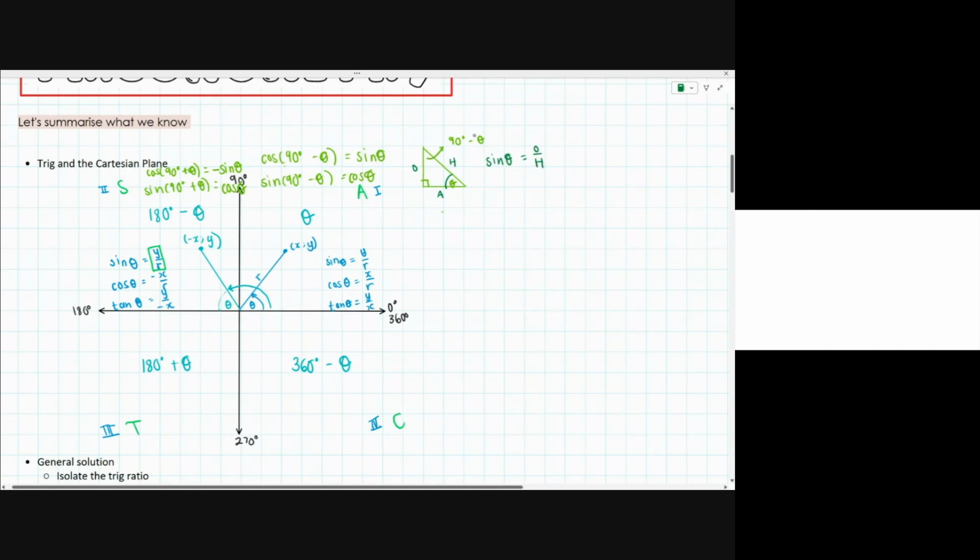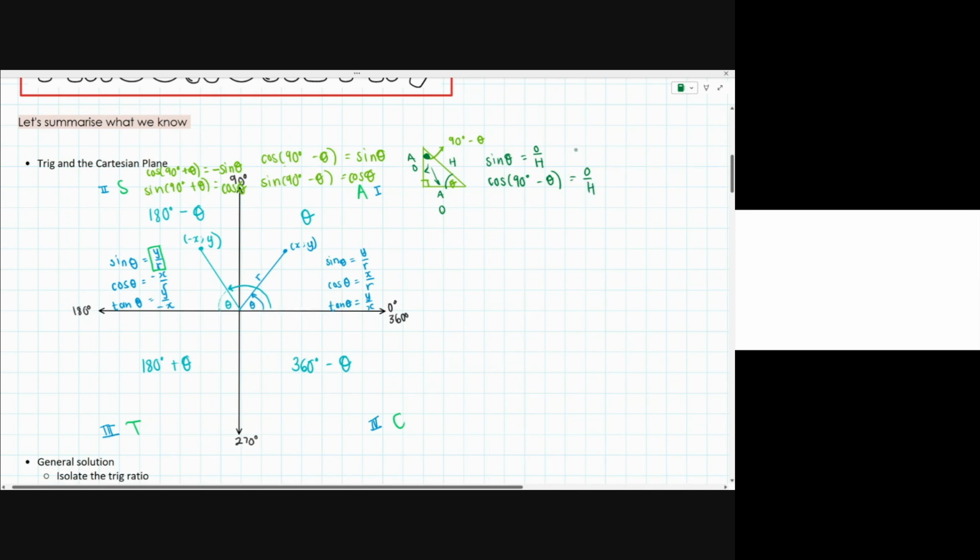However, when I now find, for example, cos of 90 minus theta, what I'm doing is changing my reference angle. My reference angle is now up here. And so this is now my opposite side, and this is now my adjacent side. So they swap. So cos of 90 minus theta would be opposite over hypotenuse.